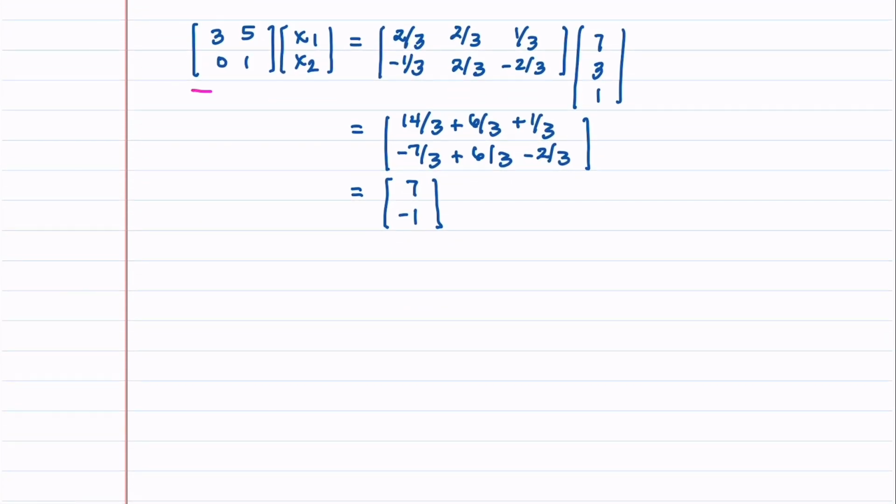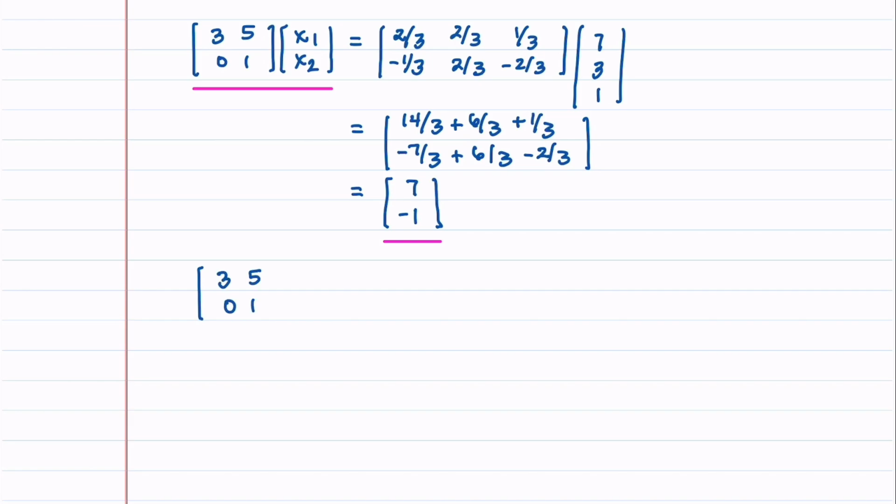Let me highlight the left-hand side of our linear system and the right-hand side. I'm going to choose to solve this using Gauss-Jordan elimination. So I'm going to write down our linear system as an augmented matrix, and it looks like this. I'm going to take our first row, and I'm going to divide it by 3, so we get 1, 5/3, and then 7/3. And then we have our second row, 0, 1, minus 1.